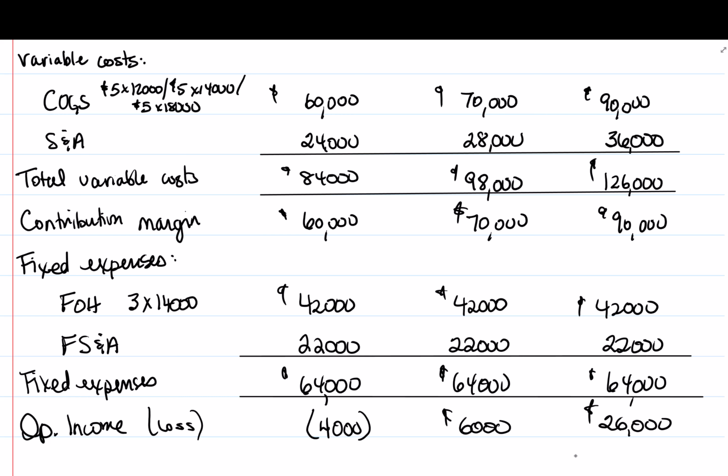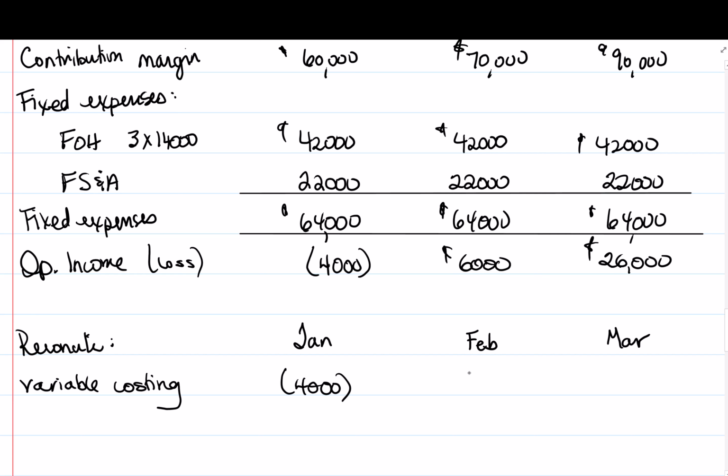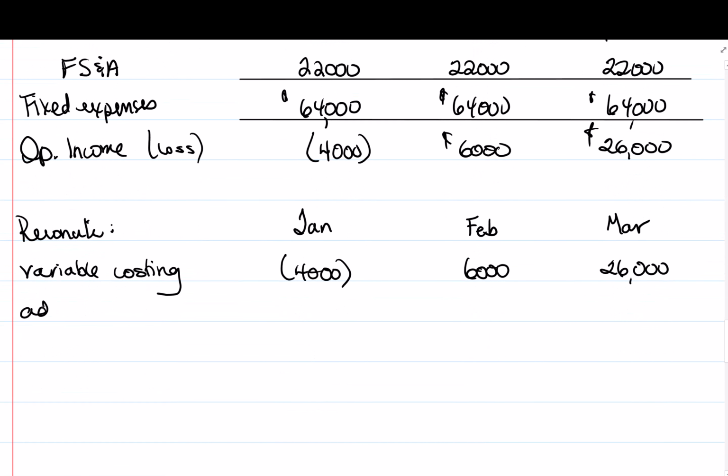Didn't ask you to, but you could do a reconciliation if you wanted. So I'm going to start with my variable costing, which is a loss for January, 6,000 for February, 26,000 for March. We'll add fixed overhead in ending inventory.